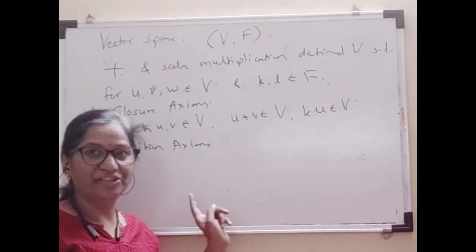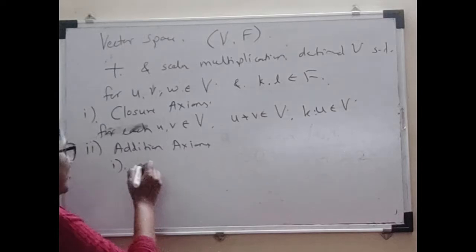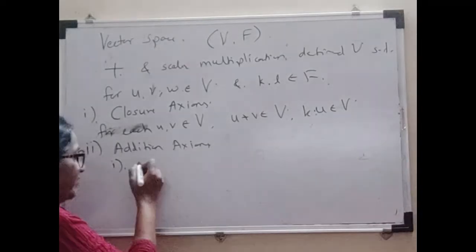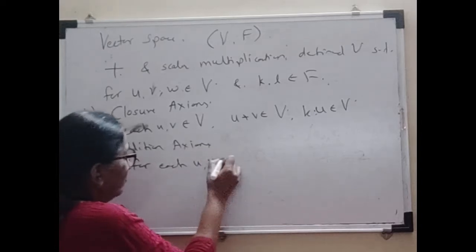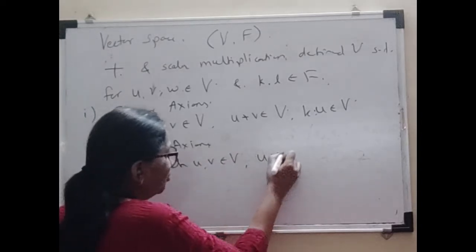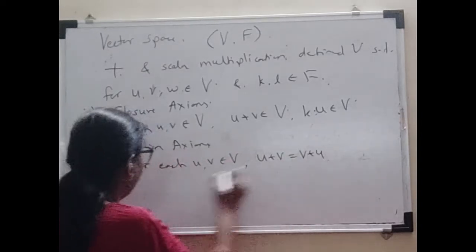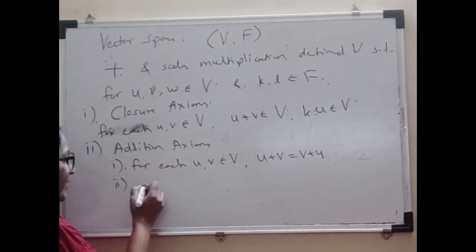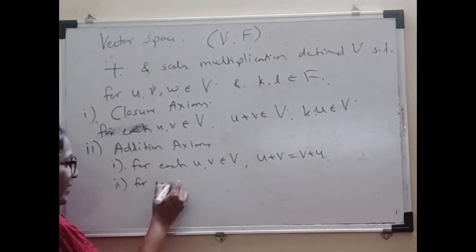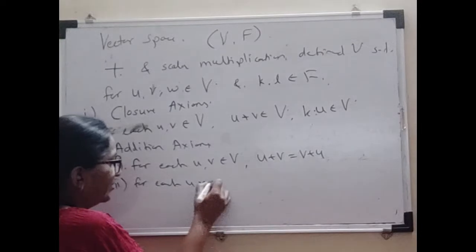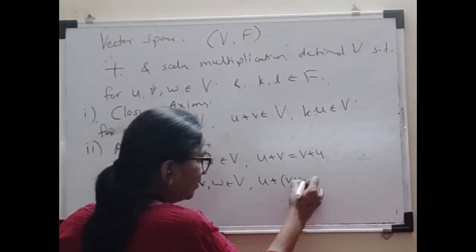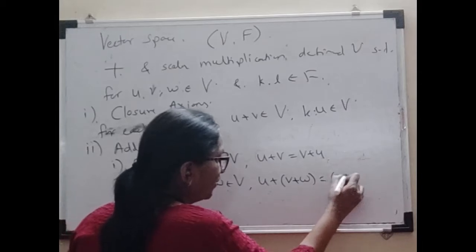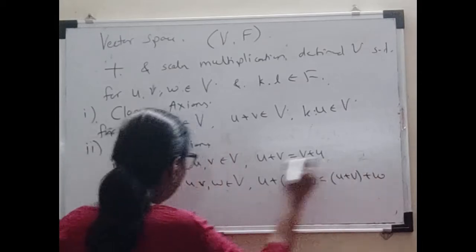These are nothing but the addition axioms. The first addition axiom, commutativity: for each u, v belongs to V, u plus v should be equal to v plus u. Second, associativity: for each u, v, w belongs to V, u plus v plus w should be equal to u plus v plus w, grouped either way.